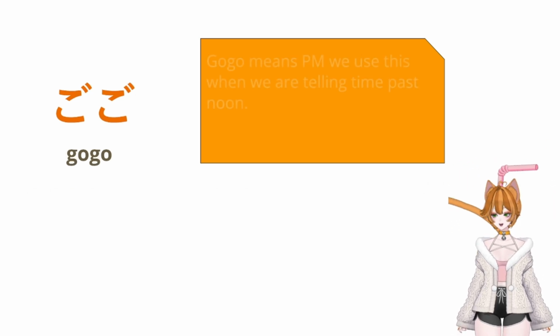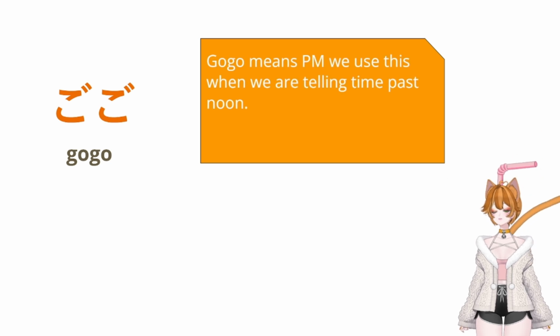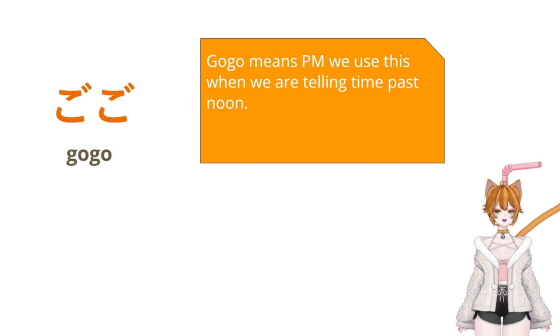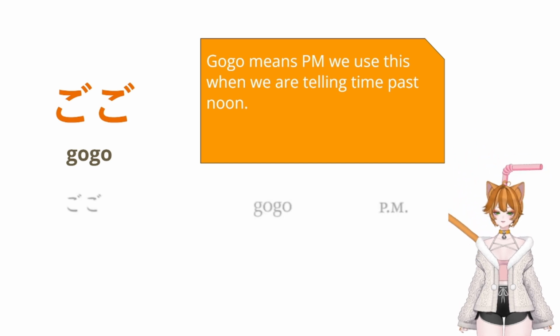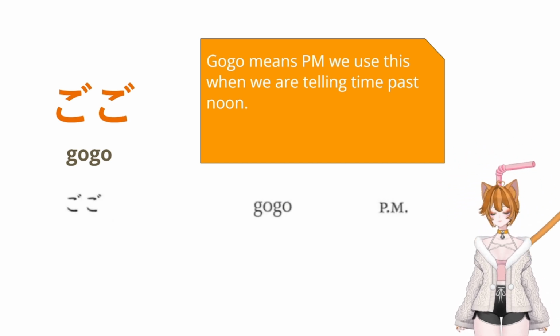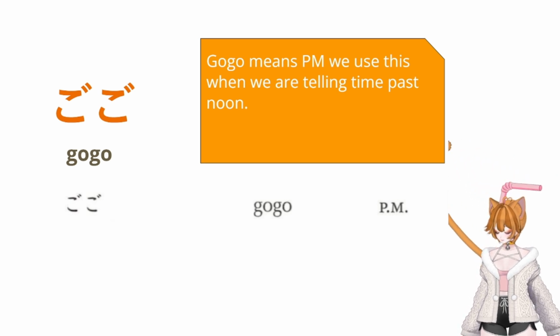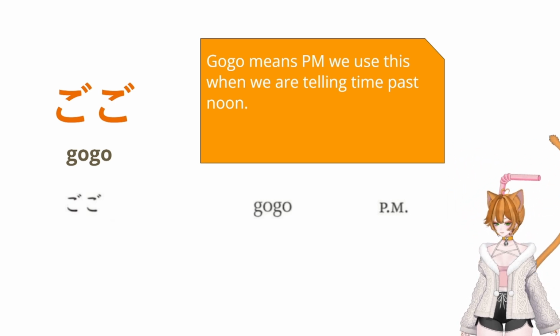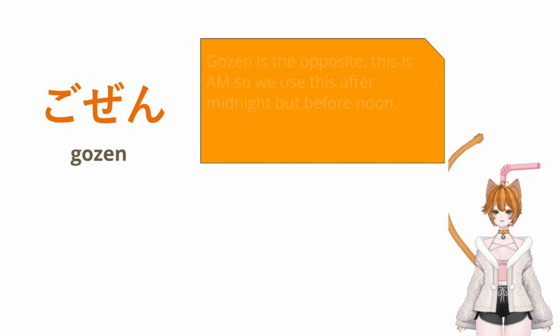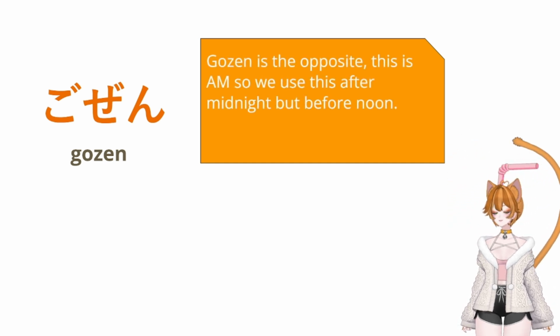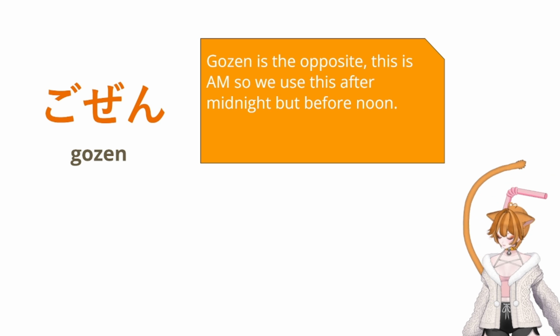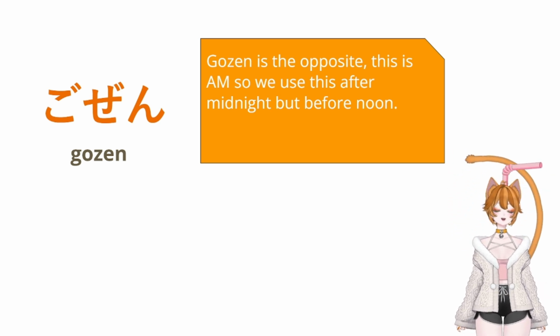Alright, our next one is gogo. Gogo means PM. This is what we use when we are telling time past noon but before midnight. Our next one is going to be gozen. Gozen means AM. So again, this is going to be the opposite.